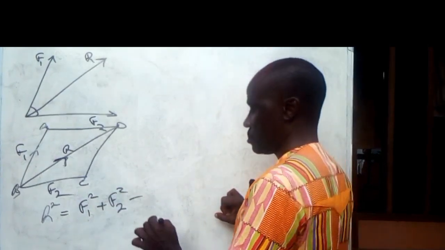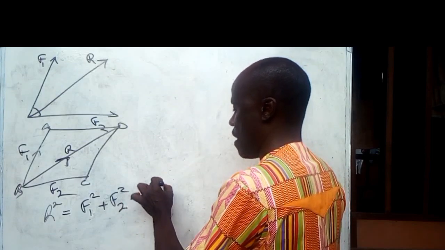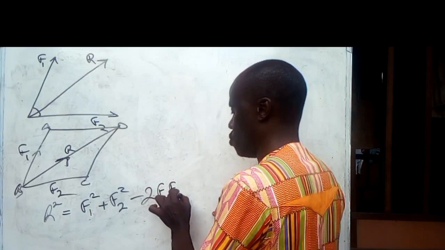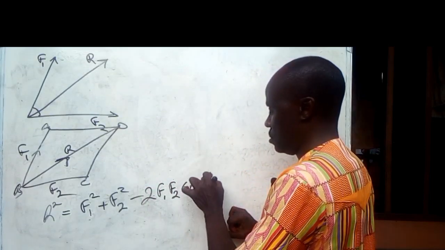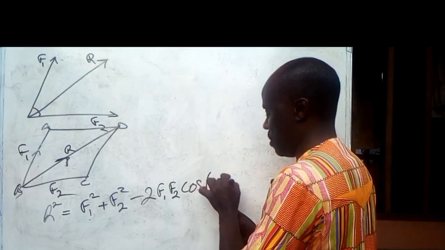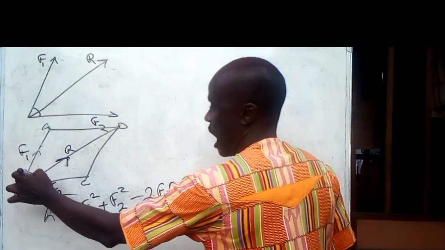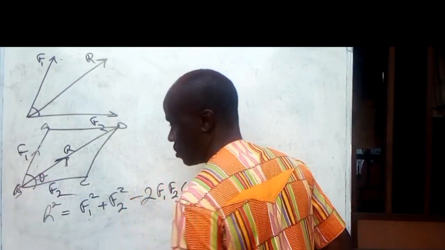minus 2 F1 F2 cos (180 minus theta). That's the angle joining them together. This angle here is the one we call theta.